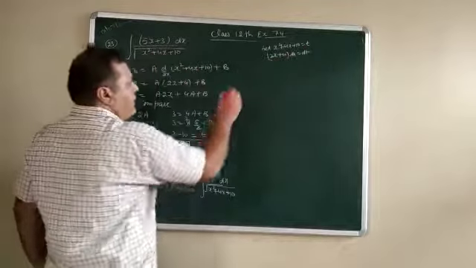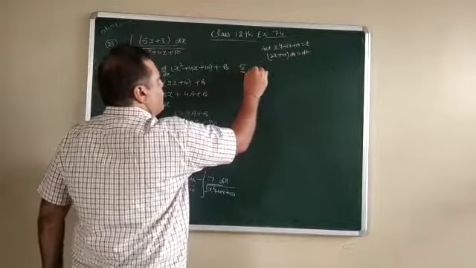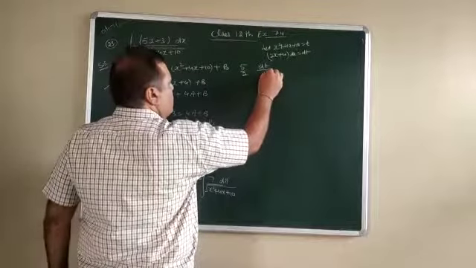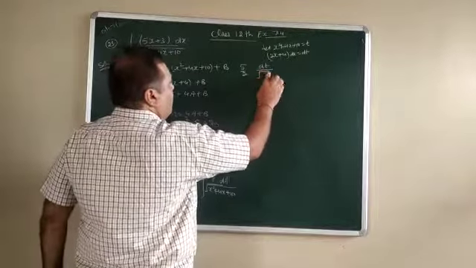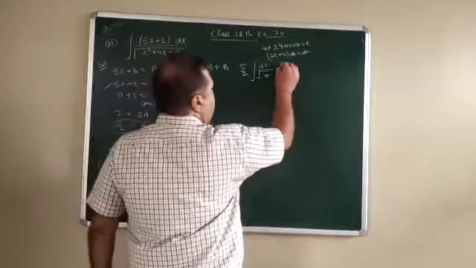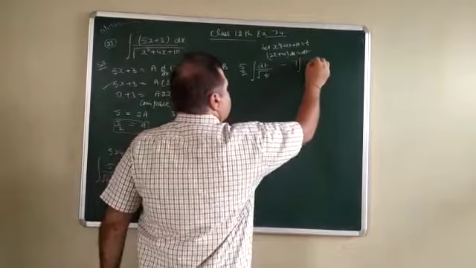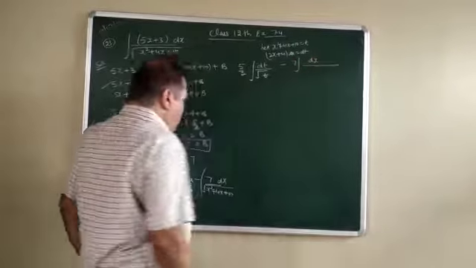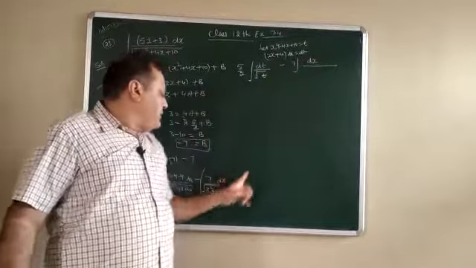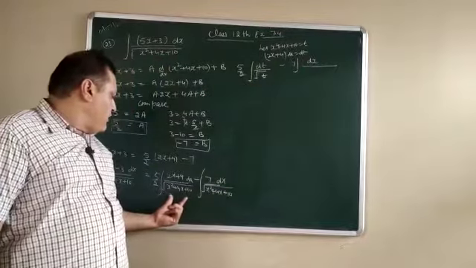Substituting the value here, it becomes 5/2 times dt upon √t, and its integration. If you see the second part, minus 7 times the integration of dx upon the root, in this part no derivative is available, so we can't apply substitution here. Substitution is only for the first part.